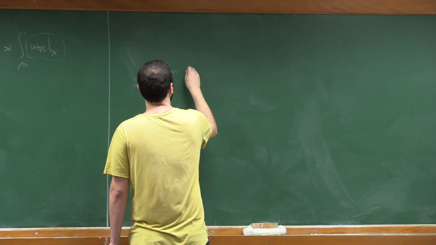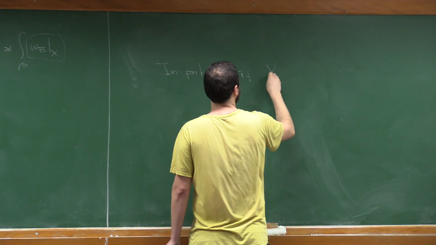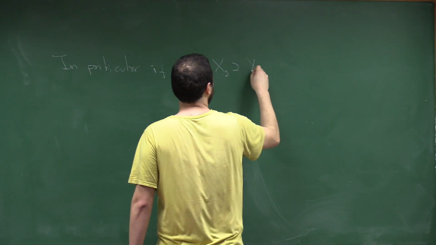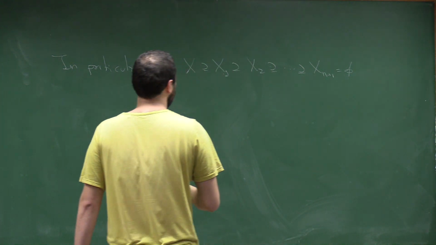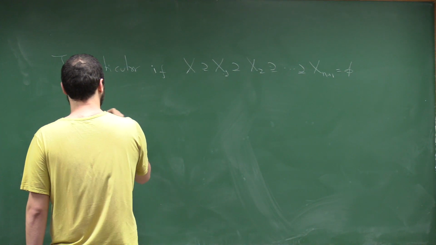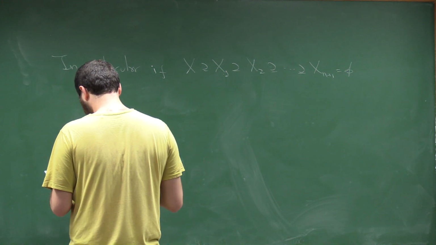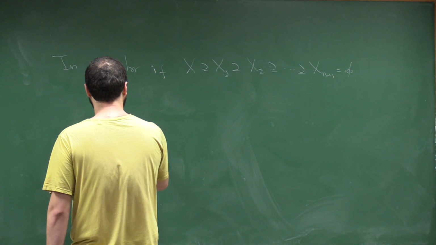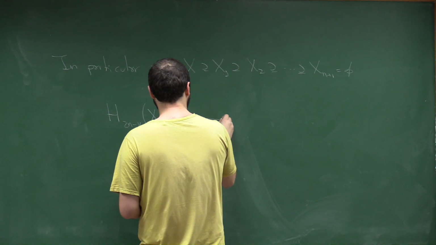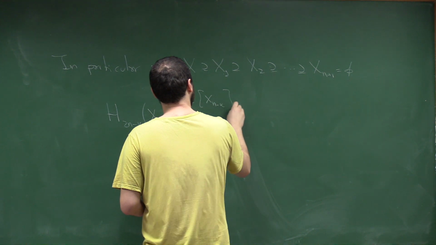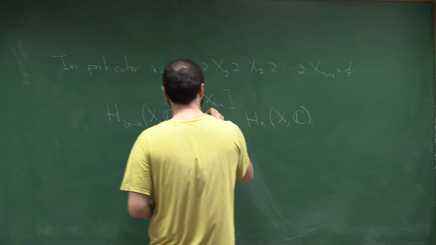In particular, if we have a tower of hyperplane sections, then this map, from H_{n-k} of x with complex coefficients, intersect with x_{n-k}, to H_k of x with complex coefficients, is an isomorphism.